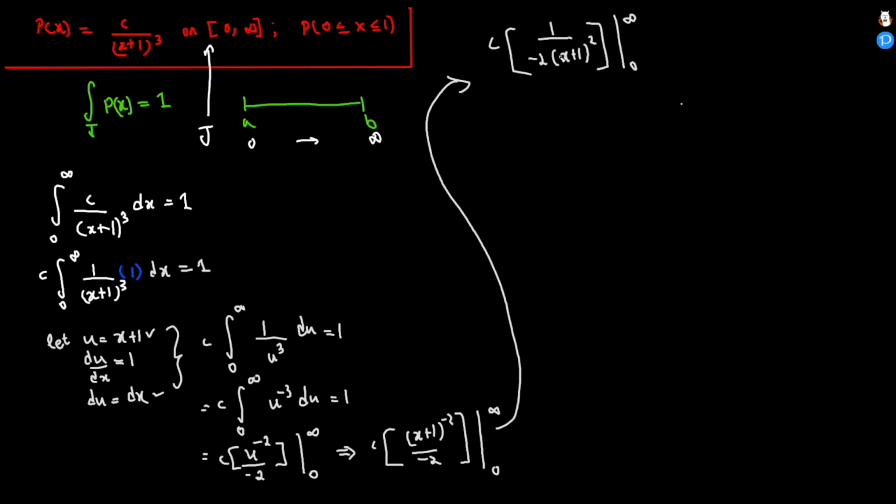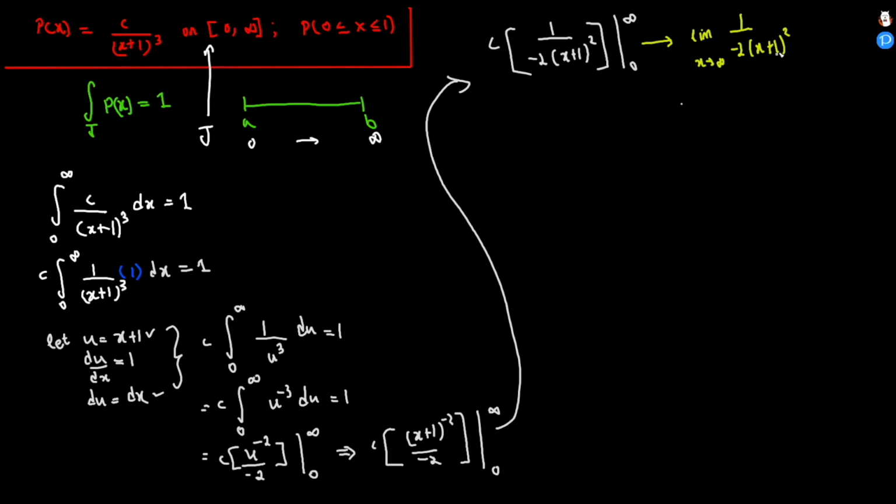Let me just get a different color. So the limit of 1 over minus 2 (x plus 1) squared as x approaches infinity.